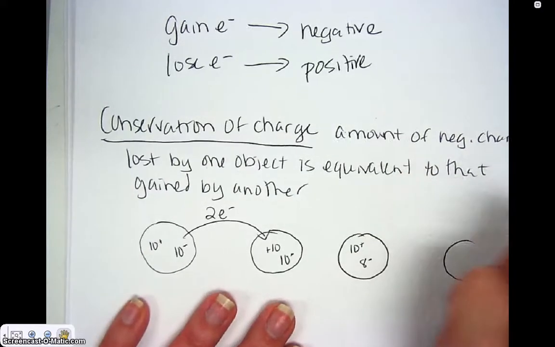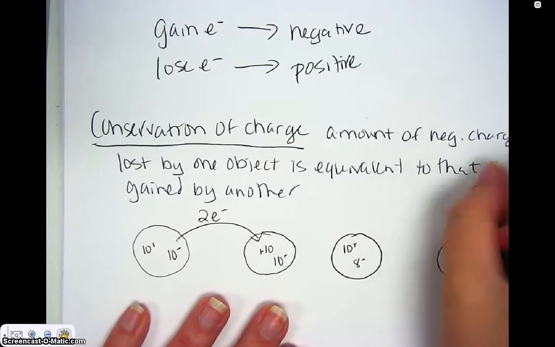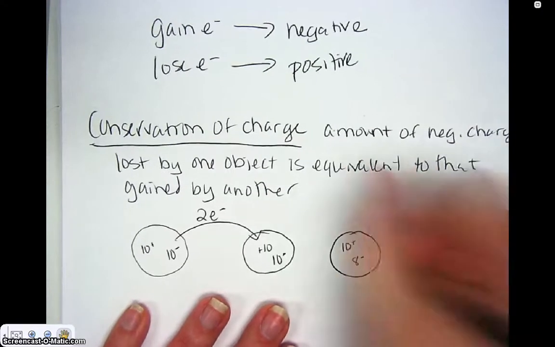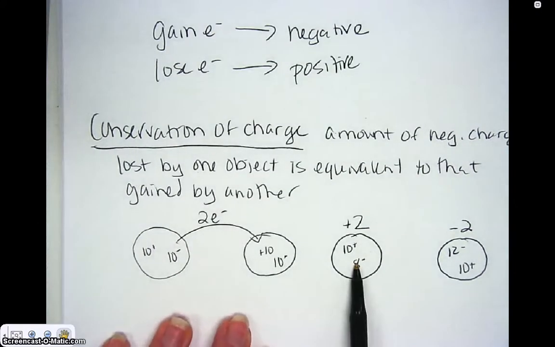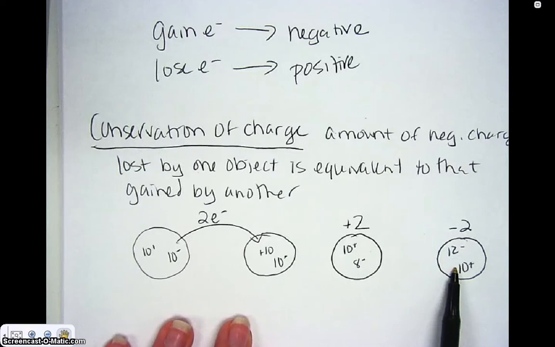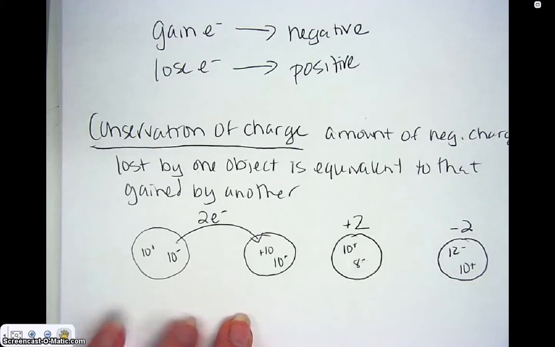And then over here, you've got 12 negative and 10 positive. So this thing has a net charge of -2, and this thing has a net charge of +2. So the amount of negative charge lost by this is equivalent to that gained by the other. Okay? Now, also remember that if we look here, the amount of negative charge lost by this is also equivalent to its positive charge. Okay?